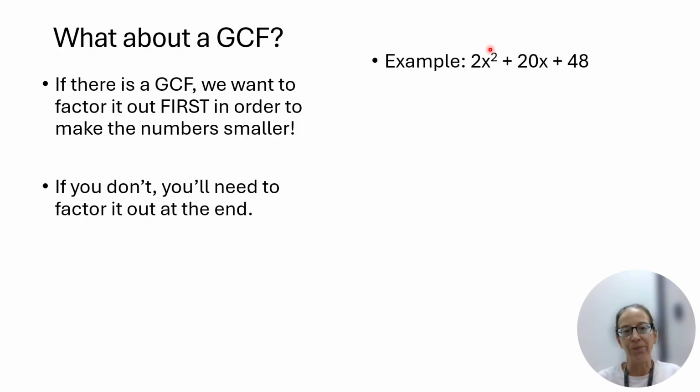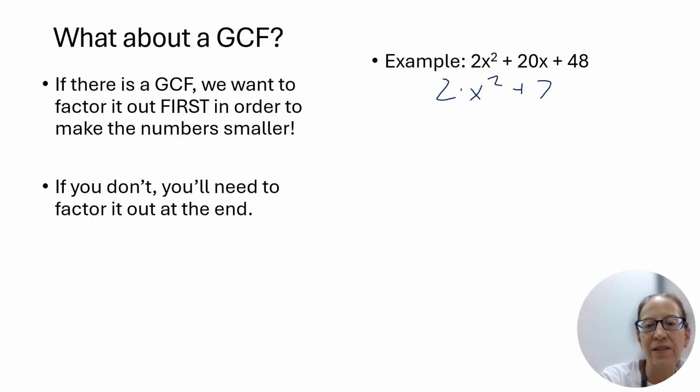But what I do notice is that I have a 2, a 20, and a 48, and they are all even, which means they all have a factor of 2. So we can factor this into 2 times x squared, this is 2 times 10, and this is 2 times 24. So we have a common factor of 2.